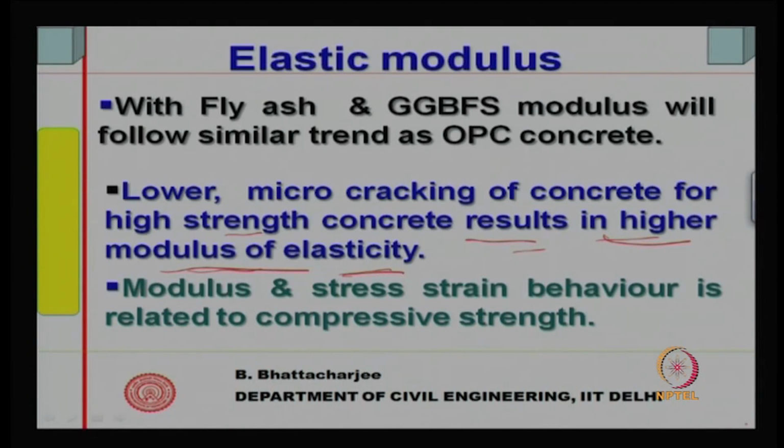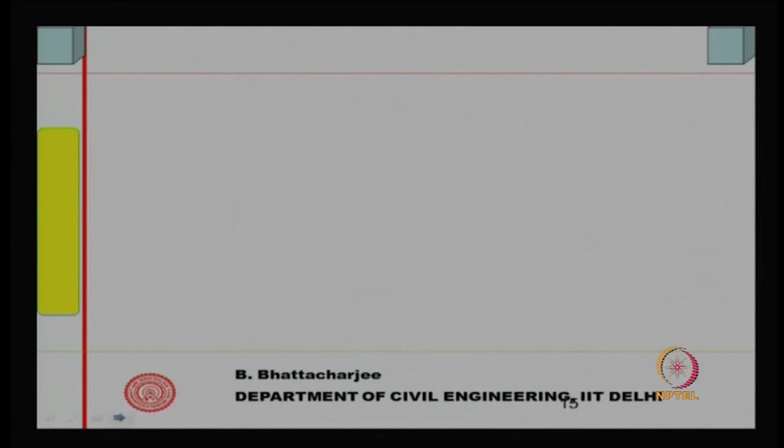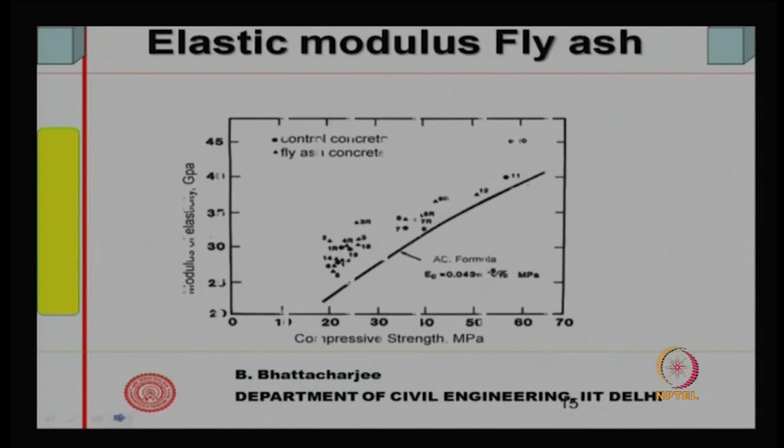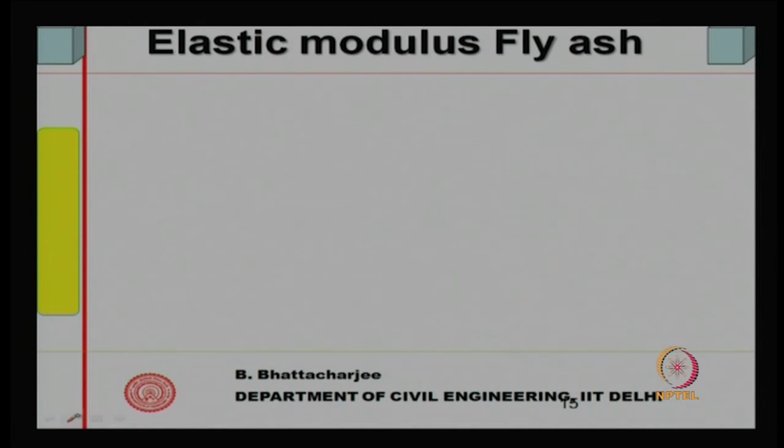At lower compressive strength level, the behavior is something like, okay, I will just show you. At lower stress strain level, concrete would behave like this. This is lower strength concrete. High strength concrete will behave something like this. We will have a discussion on this when we talk of high strength concrete.